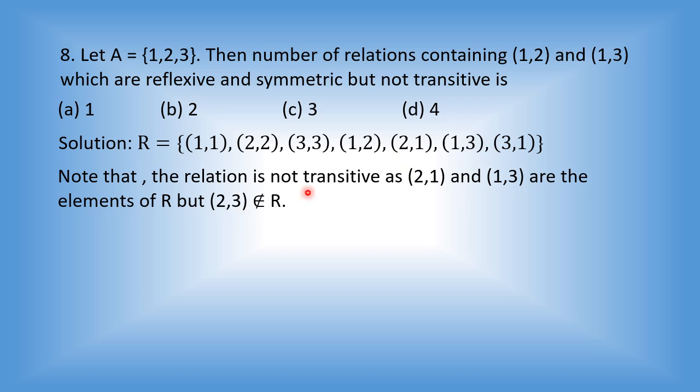But 2, 3 does not belong to this relation R. Therefore, this is the relation. There is no other relation which is reflexive, symmetric but not transitive. There is only one relation. Therefore, the number of relations containing 1, 2 and 1, 3 and satisfying this condition is only this relation. Therefore, the answer will be option A.